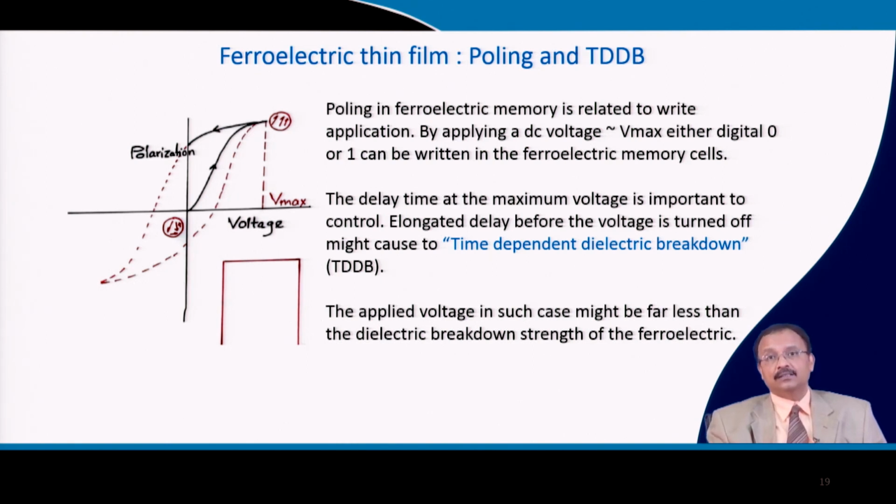So, this is another defect of the ferroelectric memory, known as time dependent dielectric breakdown. Remember, this voltage is much less than the otherwise dielectric breakdown strength of this material. So, both this time dependent dielectric breakdown in a DC field and the fatigue which I explained in the last slide are detrimental for the life of the ferroelectric memory.